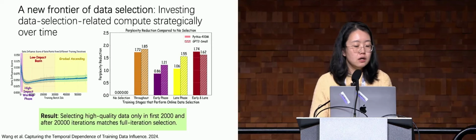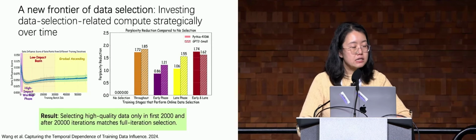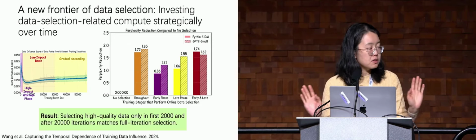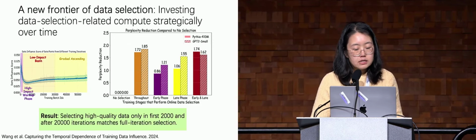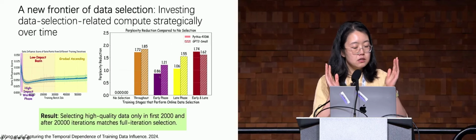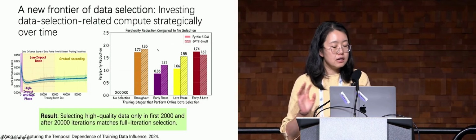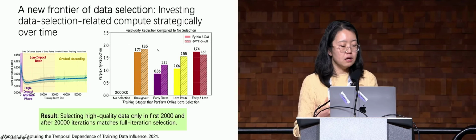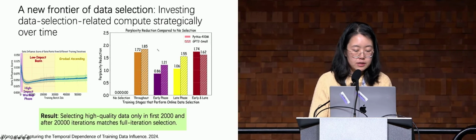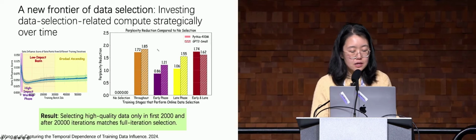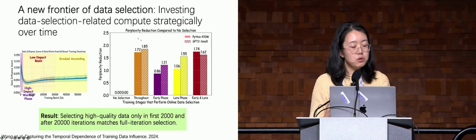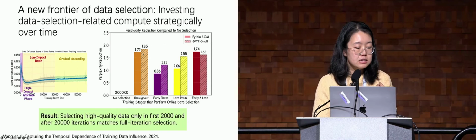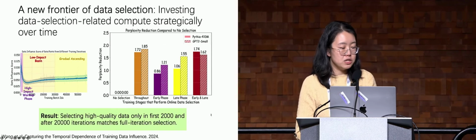So what is shown here on the y-axis is the perplexity reduction. Okay, the first column is no selection, so a zero baseline. The second column represents what happens if you select the data throughout the process. You can see that it can bring a big perplexity reduction. So what's interesting is this purple column. It represents what happens if you only select data in this initial high-impact region.